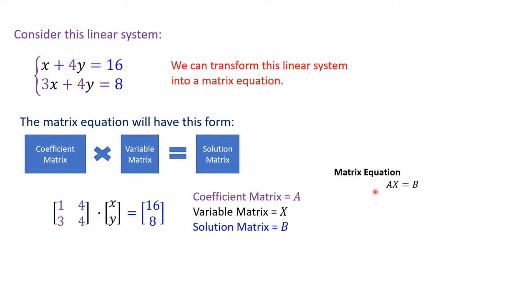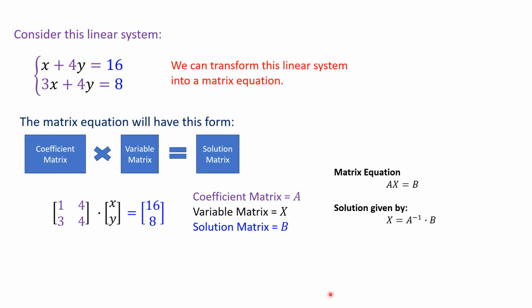Multiply A by its inverse, you get the identity matrix, which is equal to 1, and then you'll multiply the inverse of A times B. But really, we're not going to show both sides multiplication. We're simply going to state the solution matrix X is given by the inverse of A times B.